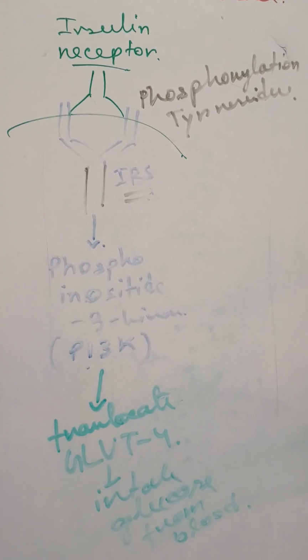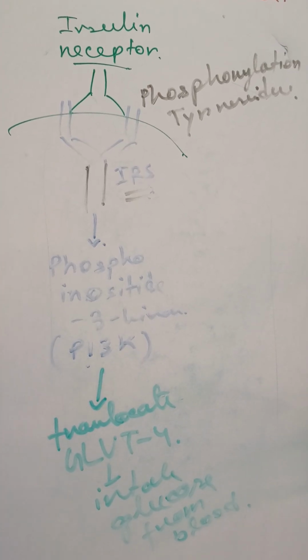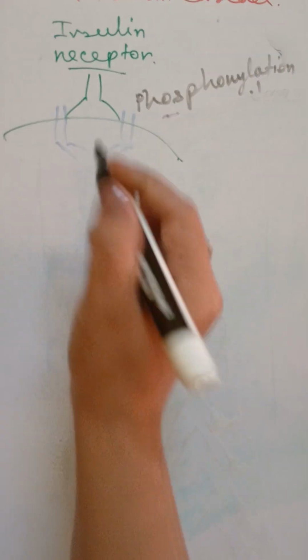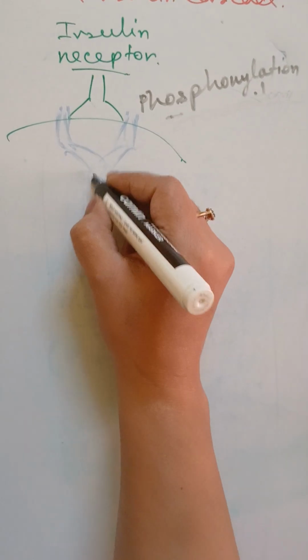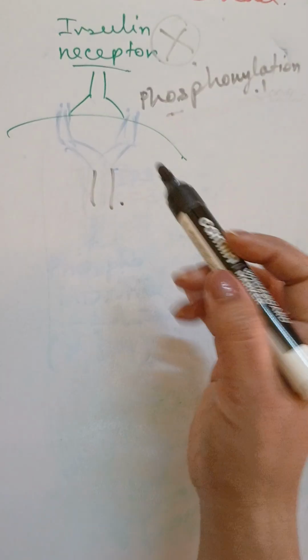Okay, now what happens in type 2 diabetes? There is an insulin receptor, and there is the IRS. Basically there is IRS 1 and 2, that is insulin receptor substrate 1 and 2. Now phosphorylation also occurs, but not with the insulin receptor. Normally the insulin receptor binds and activates this IRS by phosphorylating the tyrosine residue.